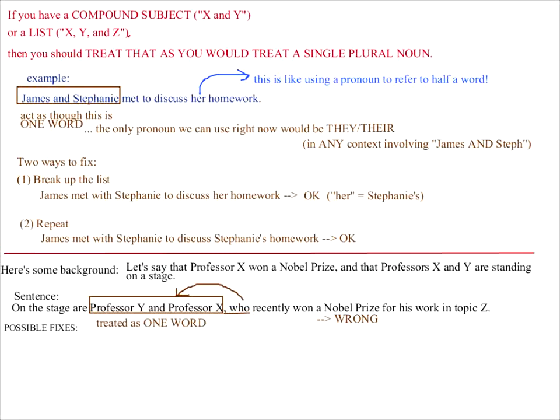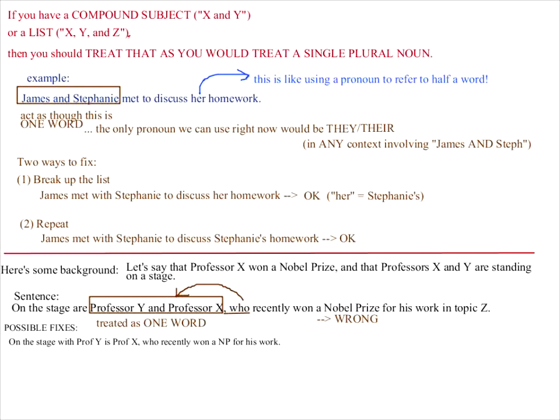One possible fix is: on the stage with Professor Y is Professor X, who recently won a Nobel Prize for his work. That's one possible fix. Another fix is, yes, one of you, Hertanto, is the student who put this.